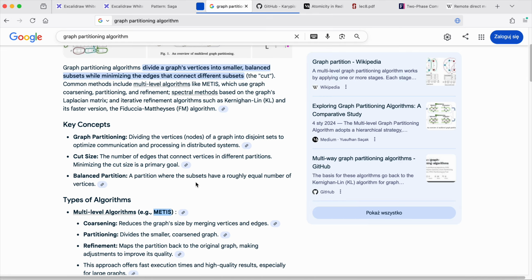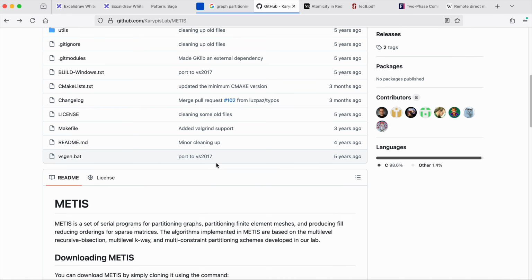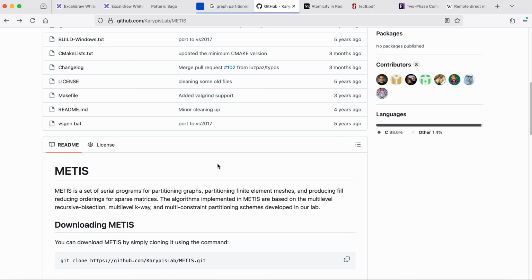It's kind of tricky, and in general I would like to highlight the METIS algorithm. It's about locality-aware partitioning. What it does is minimize the number of edge cuts between shards while keeping shard sizes balanced.